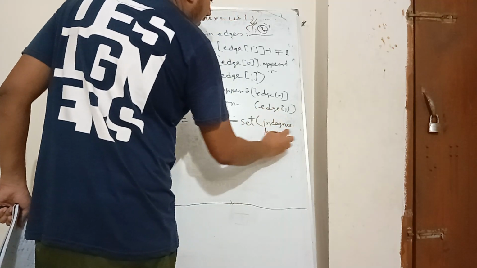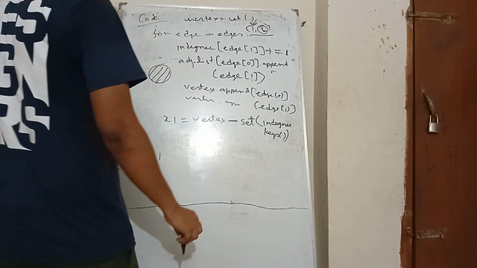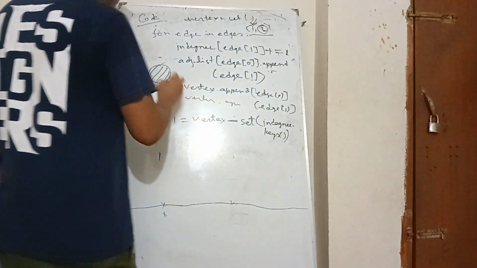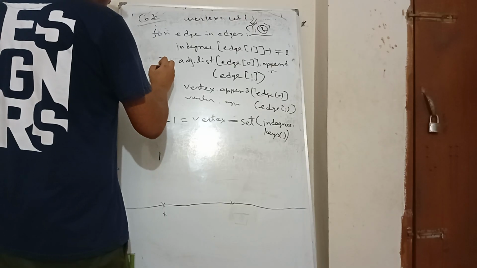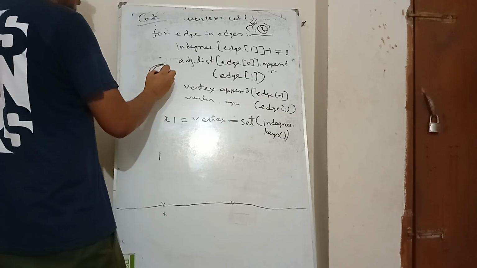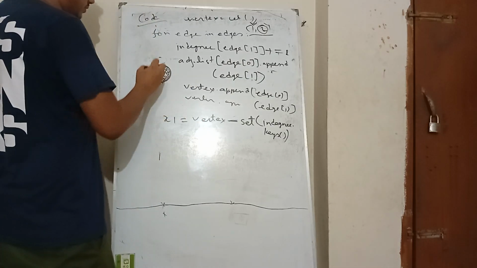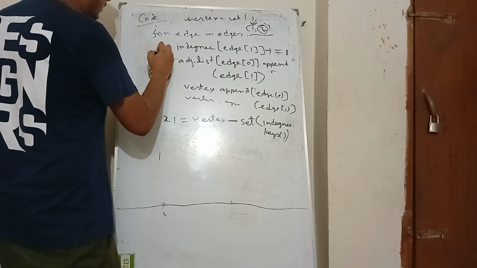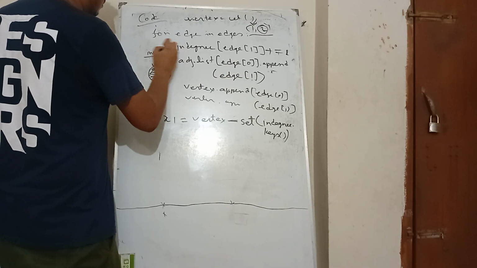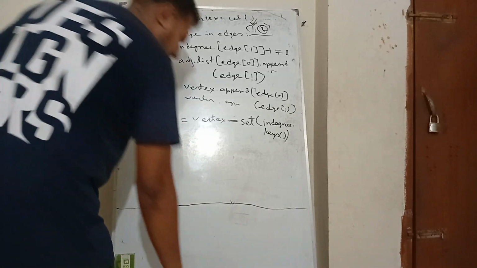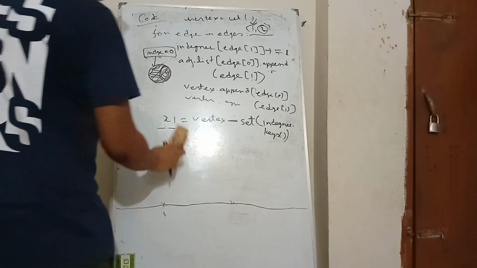So this has in degree greater than or equal to 1. So these are all the vertices, and this portion has in degree greater than or equal to 1. So the remaining portion will have in degree equal 0. So x1 is the set of vertices that has in degree 0.